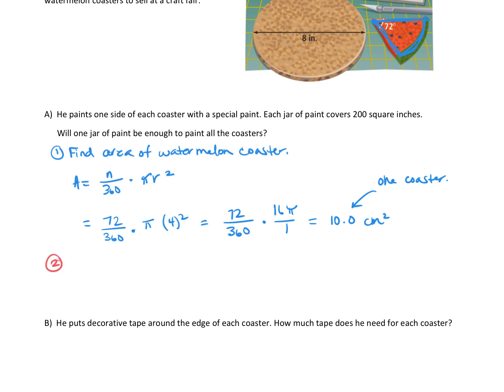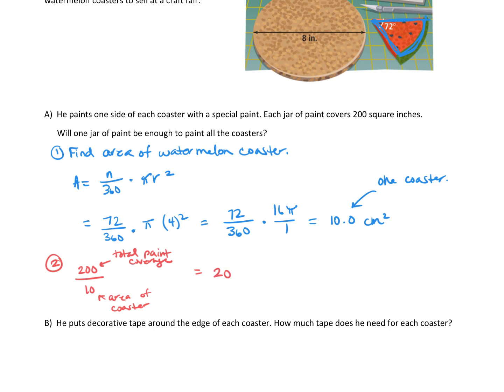So the second thing we want to figure out is how many coasters he can cover with his paint. So if we take 200, which is the total paint coverage, that's that 200 square inches, we're going to divide that by 10, because that is the area of one coaster. 200 divided by 10 is 20.